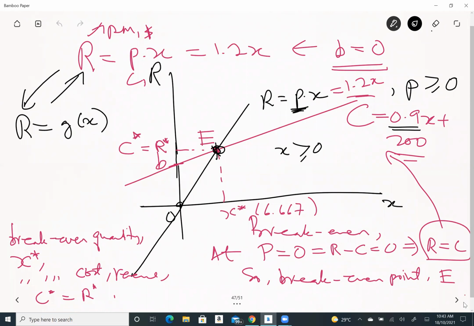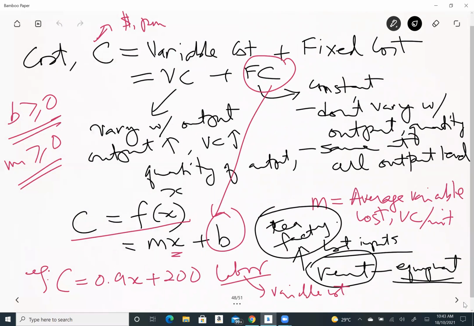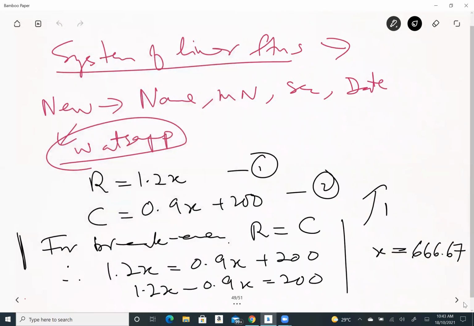Steeper, not like this. So go home and try. If you cannot do it, on Wednesday I will go through it. Discuss with your friends. Okay, alright, good.